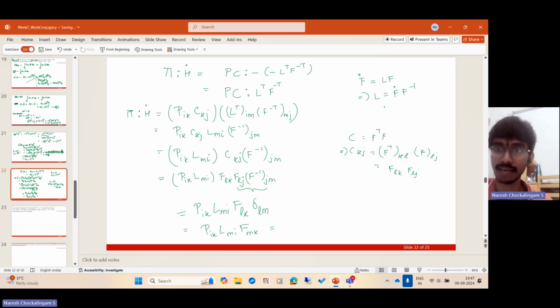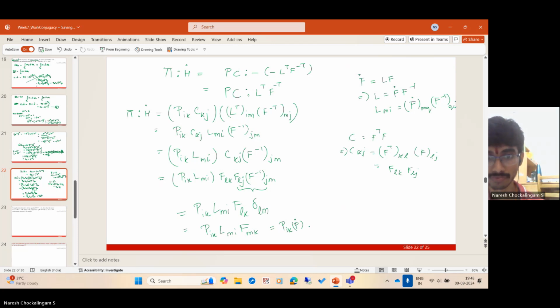So LMI is F dot MQ, F inverse QI. So this becomes PIK. LMI is F dot MQ, F inverse QI, F MK.